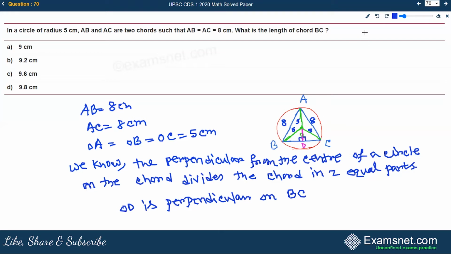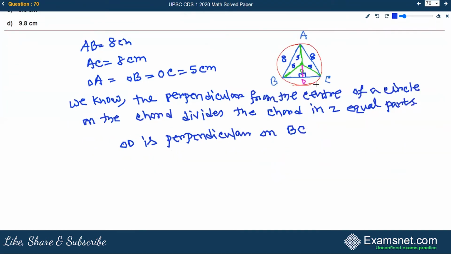So here ABD and ACD, these two are right angled also. Triangle ABD, and look at the smaller one, here is O, B, O, D, triangle BOD. These two are right angles.